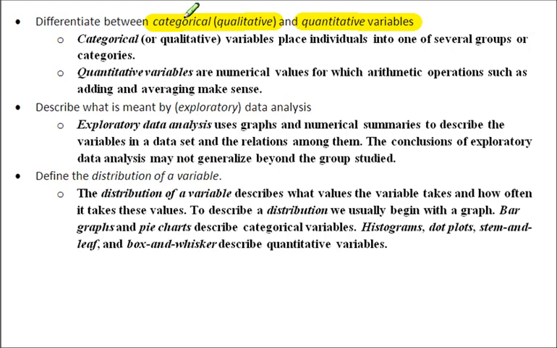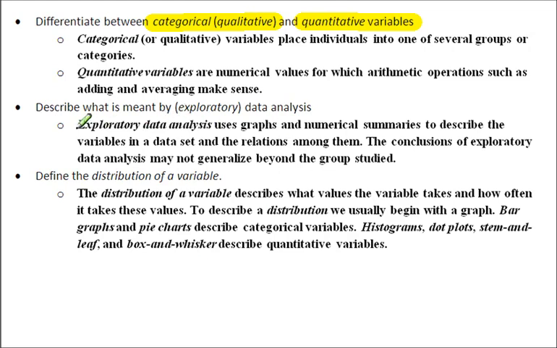So I could say 17% of this population are redheaded, or 35% of this population has a particular religious preference, or anything like that. So with categorical variables, I can find percentages. And with quantitative variables, they're numbers that I can actually do math with, get a mean or a median or anything like that.